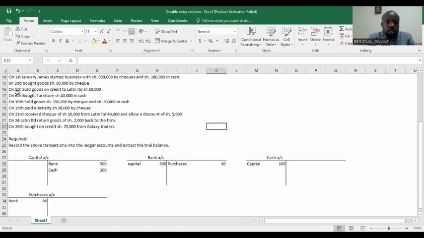Then you go to the next one, on 5th, sold goods on credit to Latin. So it's making sales. Sold goods means you are making sales. And you are selling to this customer, and this customer is not paying at the moment. It's buying on credit. So you have to recognize this customer as your debtor to pay you later.